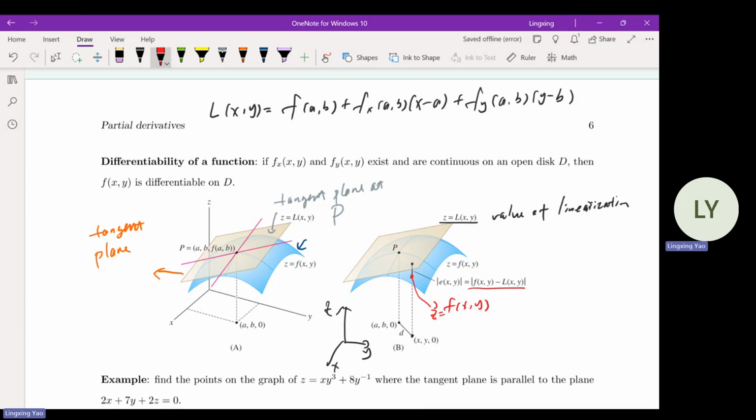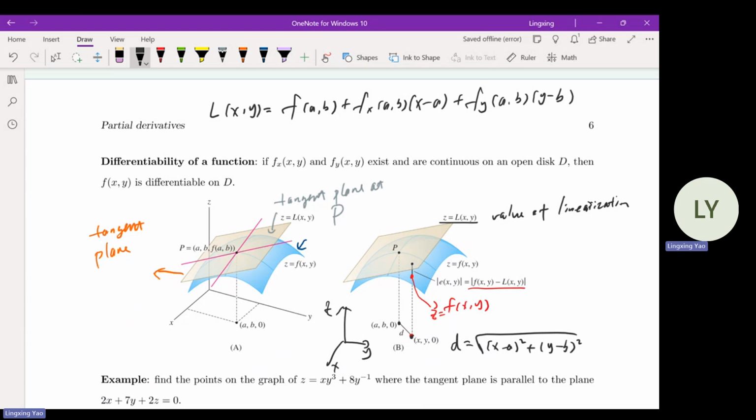Now, obviously, there's another value we could think about, which is the distance d from this point x, y, 0 in the xy plane to the point A, B. So remember here, d is the square root of x minus a squared plus y minus b squared. Okay, so do you still remember the limit definition?